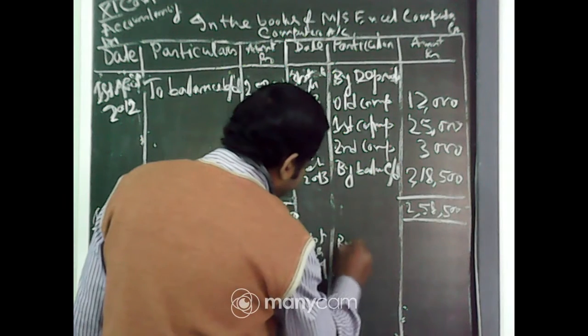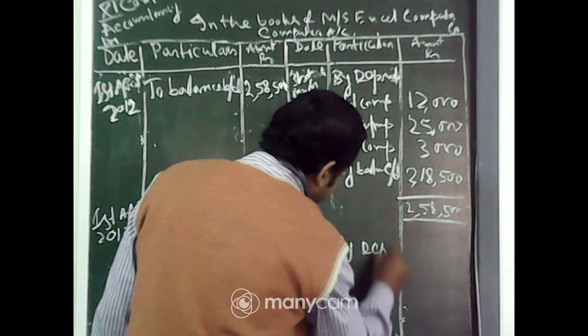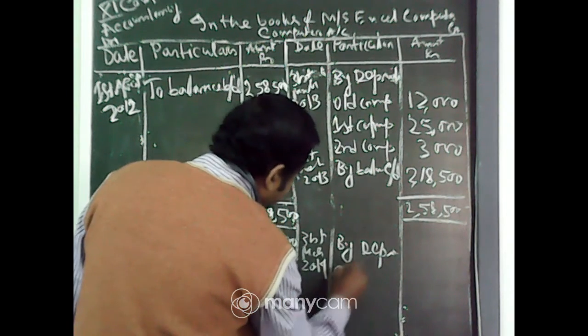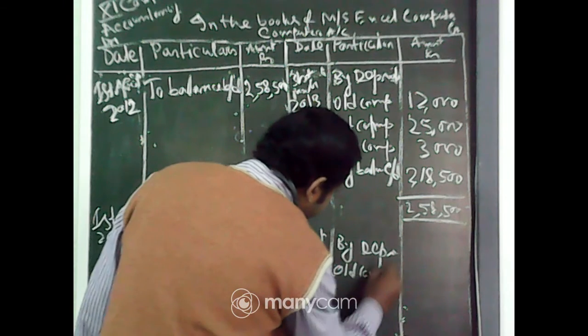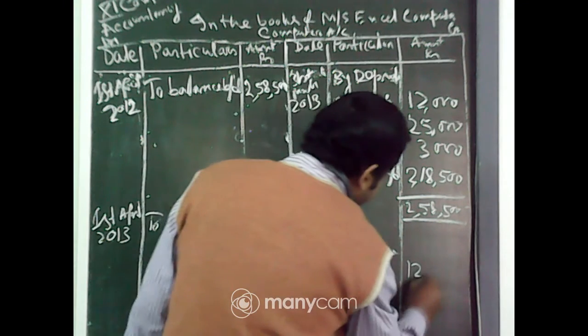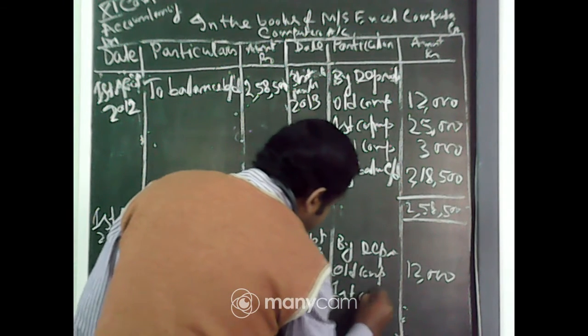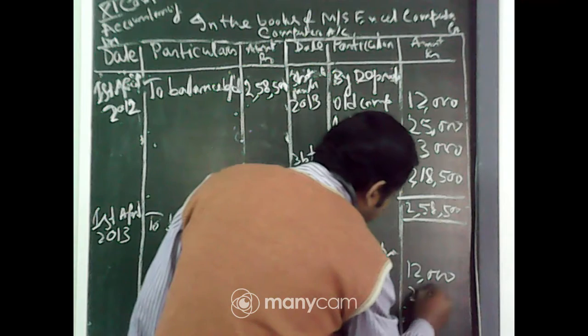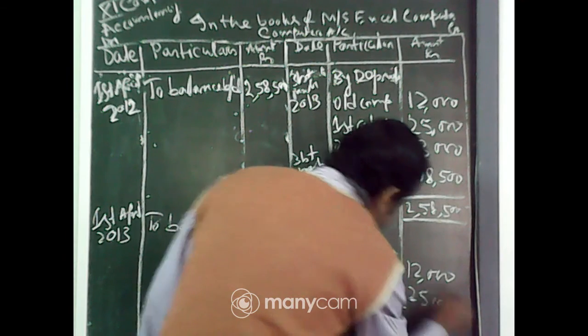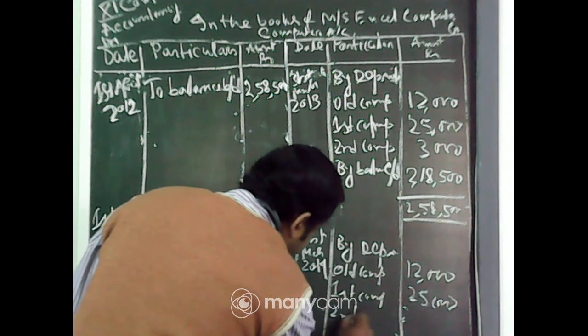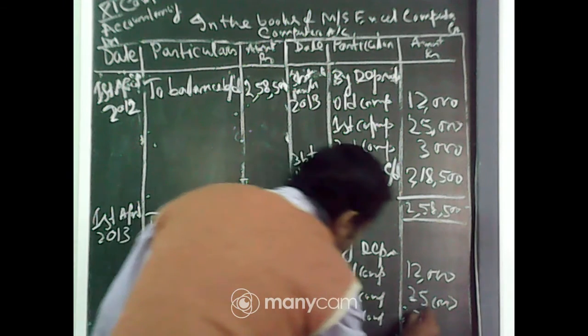So by depreciation again we charge depreciation for old computer 12,000, first computer 25,000, second computer 3,000.